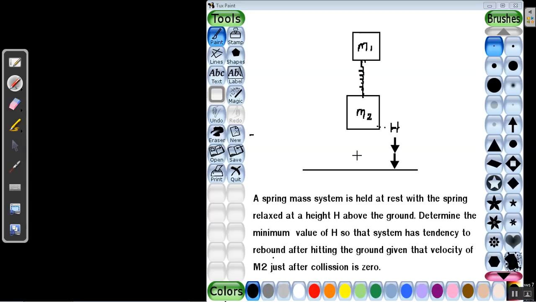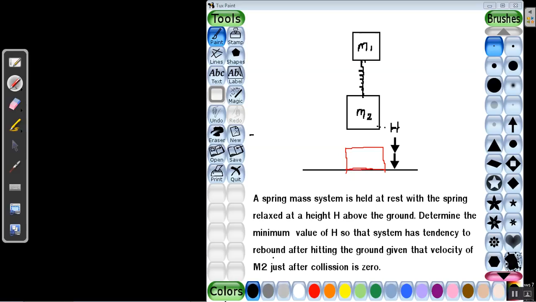Okay guys, let's try to understand what is happening in this. When this system starts falling from this height, m2 will collide with the ground. Let's suppose here it collides with the ground.